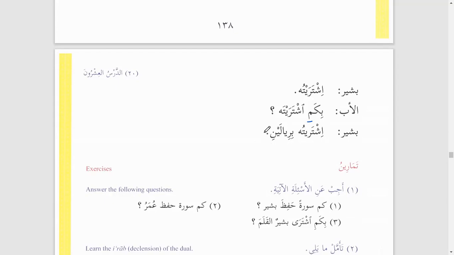اشتريته. So how much did you buy it for? When it comes with ت, then it comes with kasra and not with dhamma. It is not اشتريتُه, because there it was هم, where the previous ha had dhamma, so the meem also we made dhamma. But here it is fatha, so the kasra would be appropriate here, Ustad. These are the suitable vowel endings, according to the sound of the verb or the word as well.